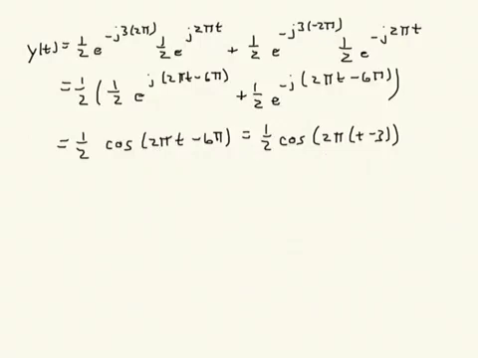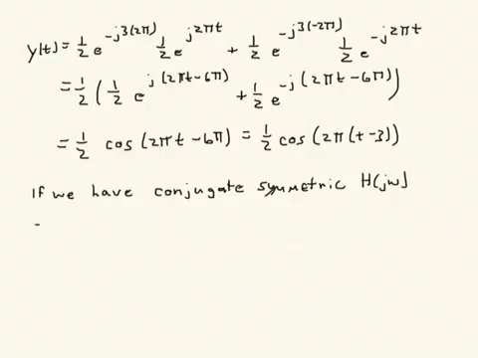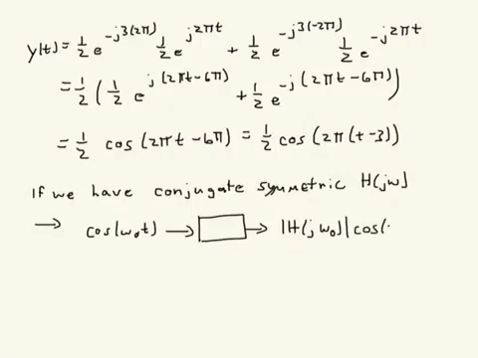So the key here was, if we have a conjugate symmetric frequency response, H of j omega, then if we put cosine of omega naught t into an LTI system, what will come out will be that cosine scaled by the magnitude of the frequency response at omega naught, and phase shifted by the phase of the frequency response at omega naught, which is exactly what we have here, right?